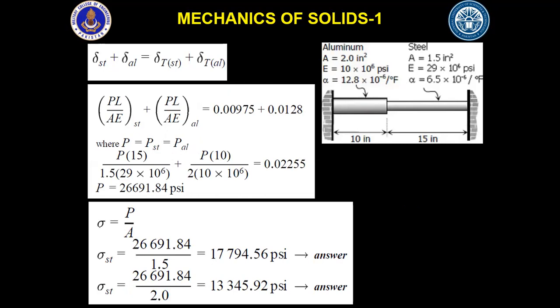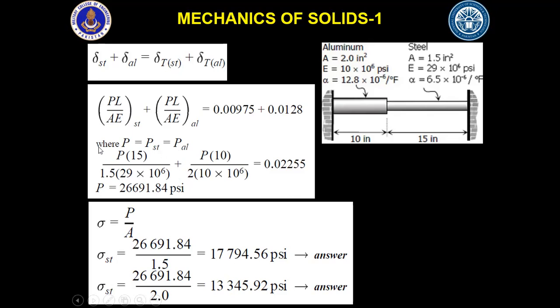They are going to deform the material itself. So that's why we say that the deformation in steel plus deformation in aluminium, the internal material deformations, are equal to the deformations that are introduced because of the temperature. So PL over AE of steel plus PL over AE of aluminium is equal to delta T of steel plus delta T of aluminium. So this is simple.